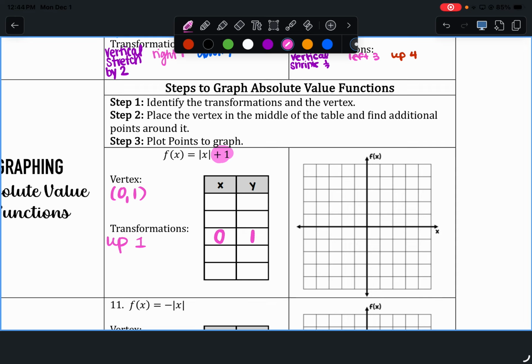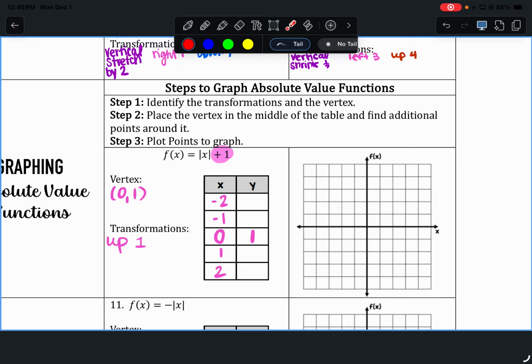And then we're going to find other points around it. What is 1 point smaller than 0? Smaller than that? Okay, bigger than 0. Bigger than that? Okay, that's the points that I'm going to plug in. I'm just going to plug those numbers in to this equation.